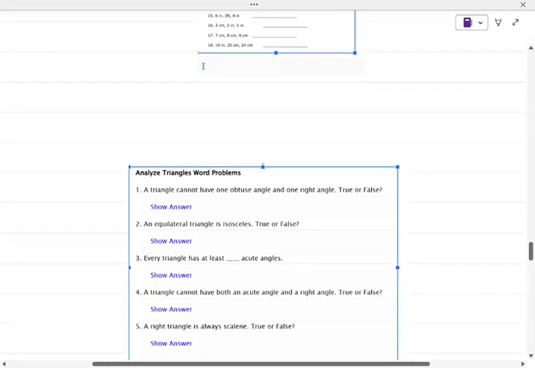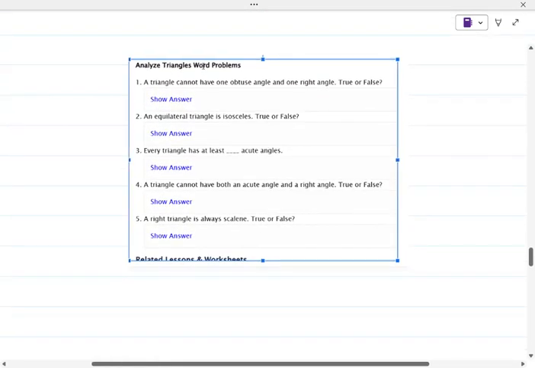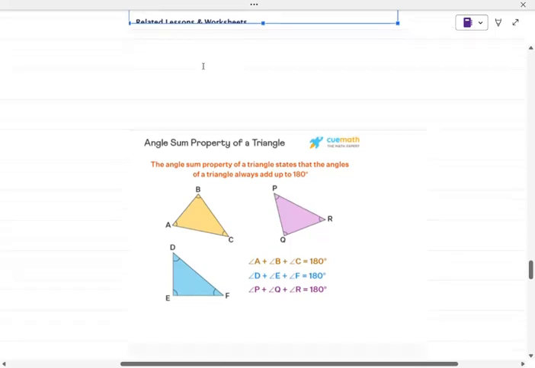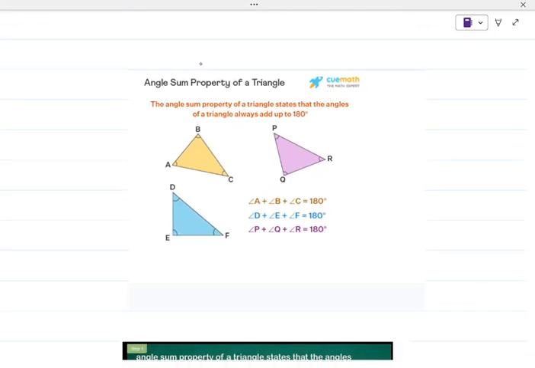So the next one we are having is the angle sum property. What is the angle sum property? Whenever we have three angles, when we add the three angles, A plus B plus C, that is equal to 180 degrees. This is our property.